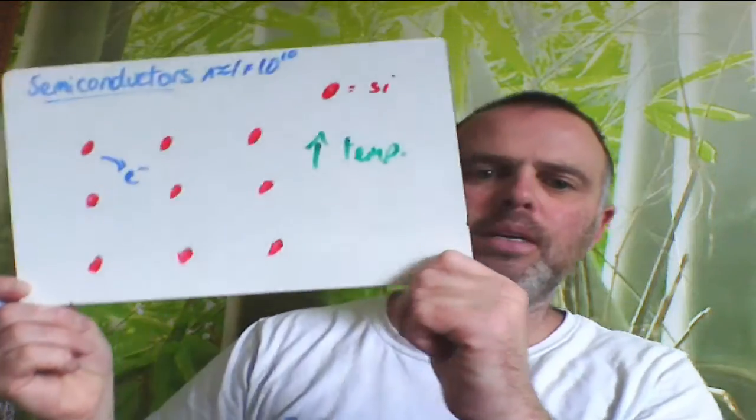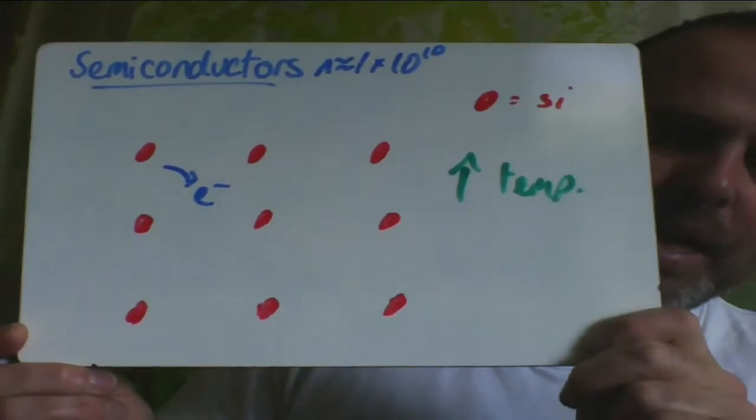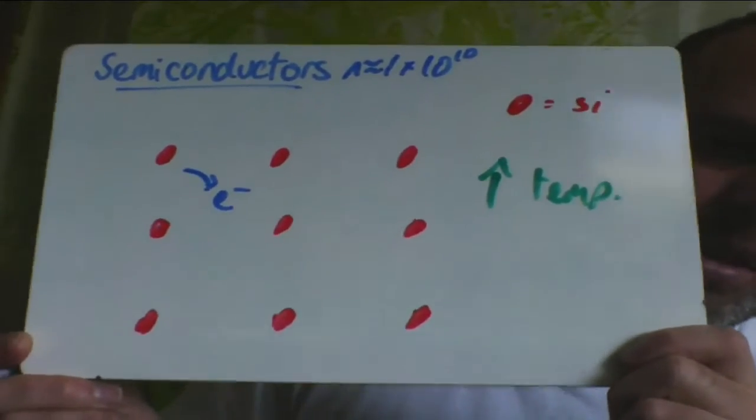Now, if we increase the temperature in this semiconductor lattice, what starts to happen is that vibrations in the silicon lattice free up more free charge carriers.